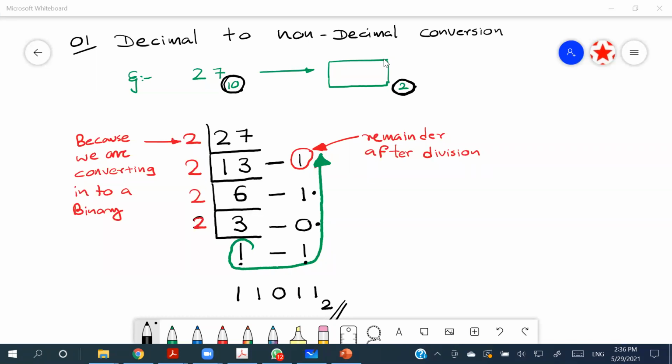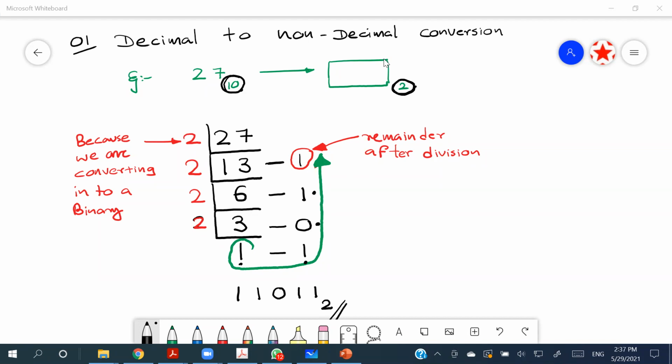Until we find something less than 2, right? Whatever the base we are converting to, we do the division until the answer is something less than the dividing number, right?